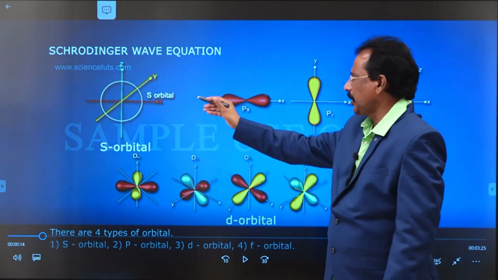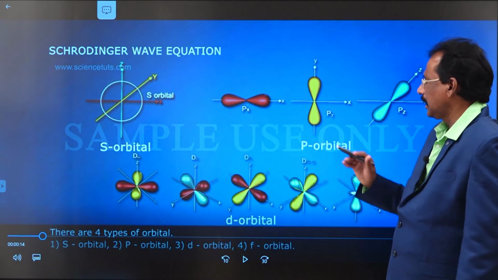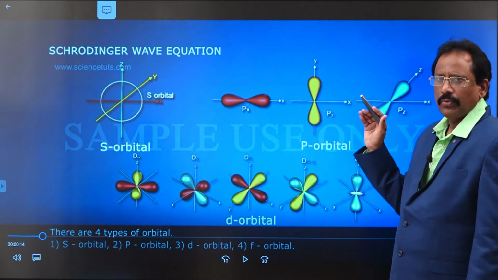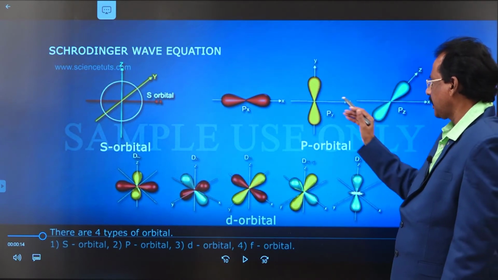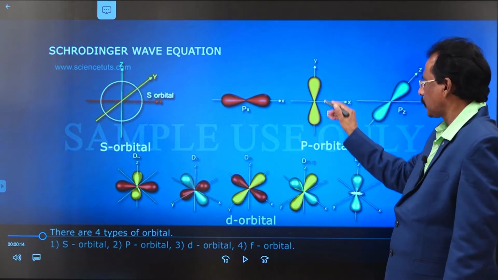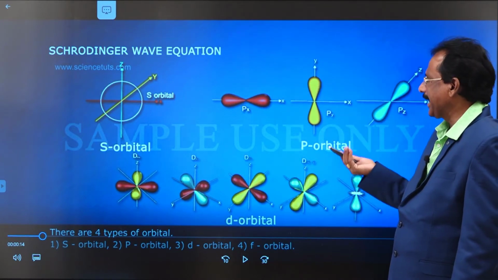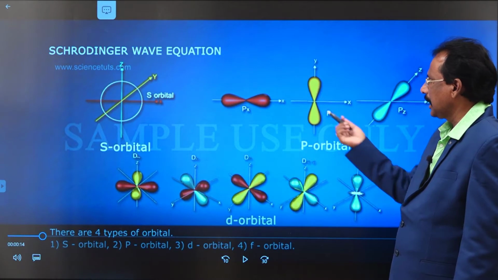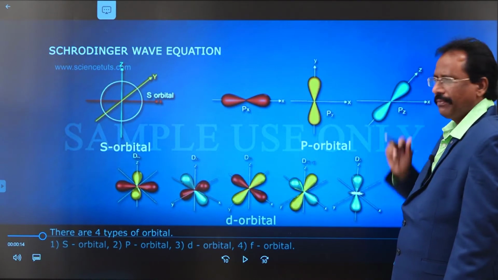L is equal to 0 for s orbital. L is equal to 1 for p orbital: px, py, pz. These are the lobes. That's why the magnetic quantum number determines the spatial orientation of the orbital.